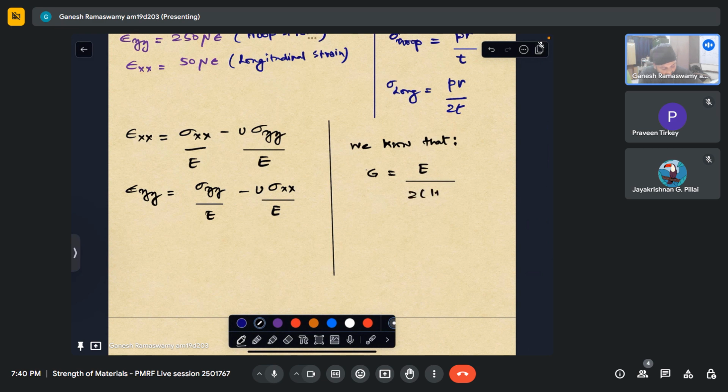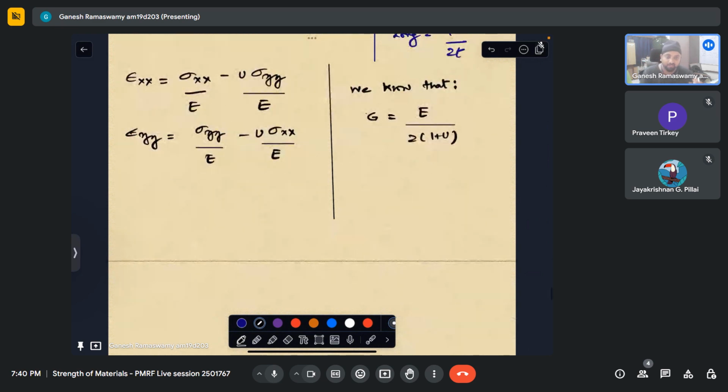I encourage the viewers to visit the lecture as to how this is derived. It is simple. We can derive it from our stress transformation equations easily. So therefore, E is nothing but 2G into 1 plus mu.